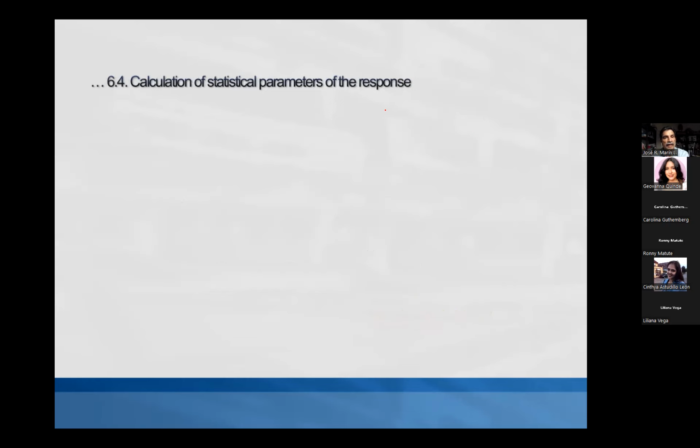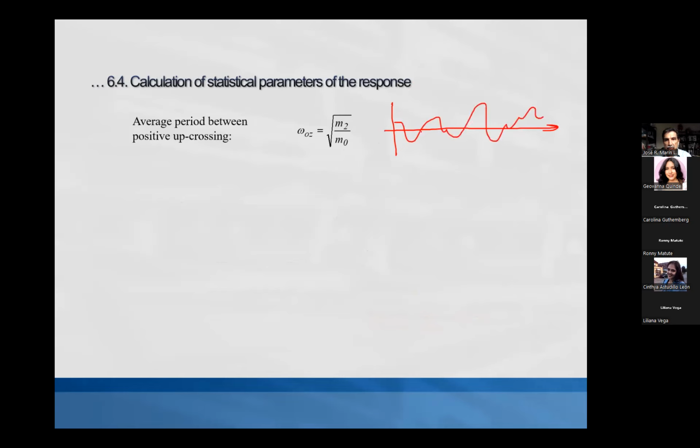Now, we could find something similar for the average of the up crossing. So remember, here I have an up crossing, here I have the next up crossing, here the next up crossing, and here the next up crossing.